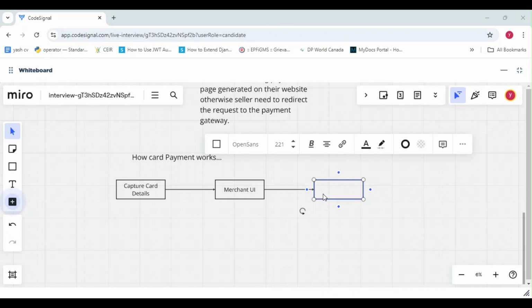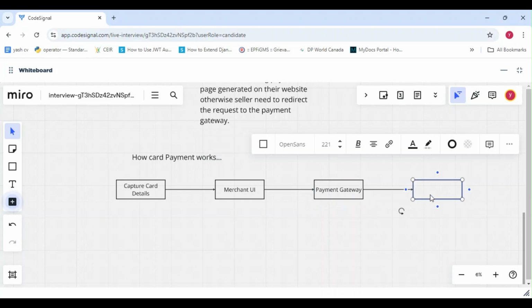So for the payment gateway, you can remember some examples: Stripe is a popular payment gateway, and Razorpay is also a popular payment gateway.